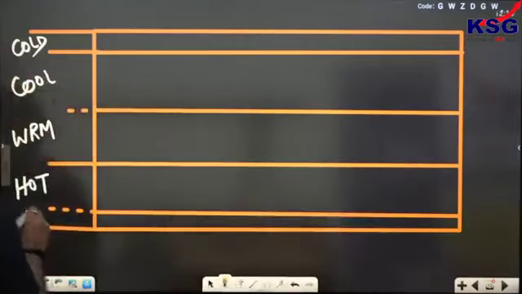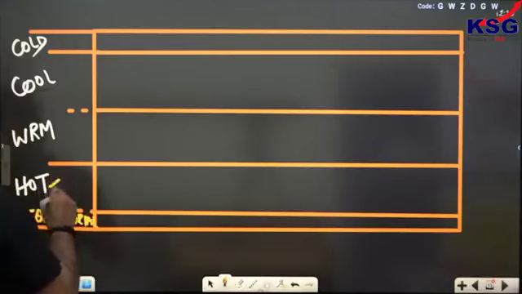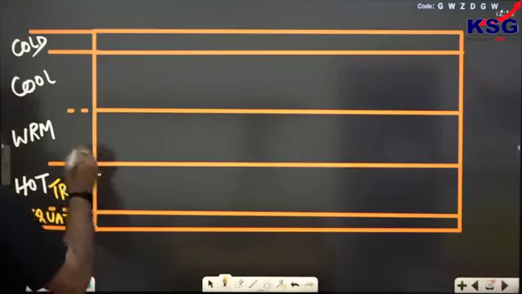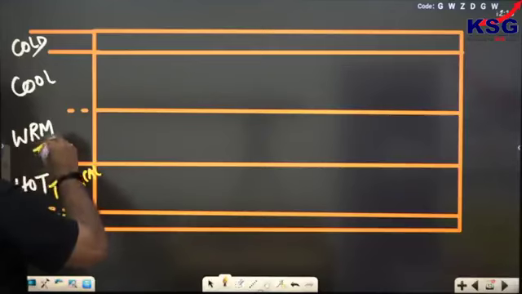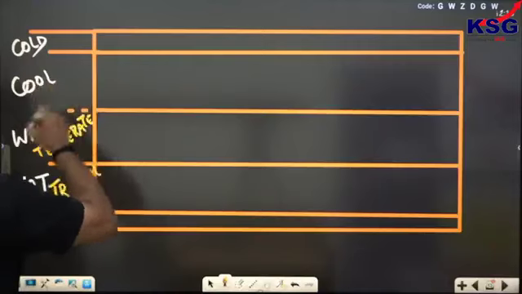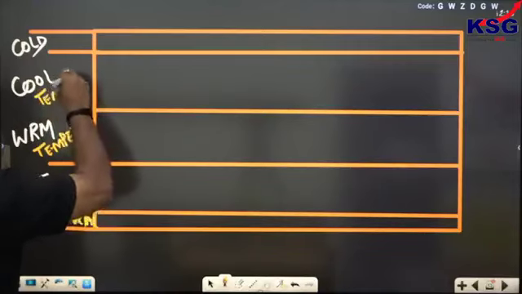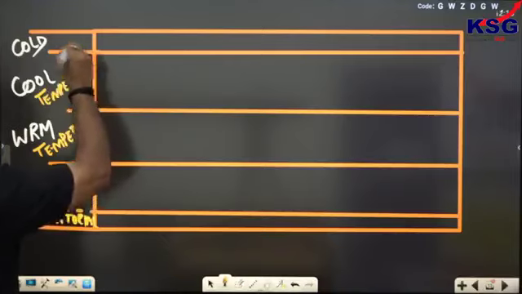This is the equatorial region. This is here is the tropical region. This is here is the temperate region. It is warm temperate. This is also cool temperate, and it is cold polar.